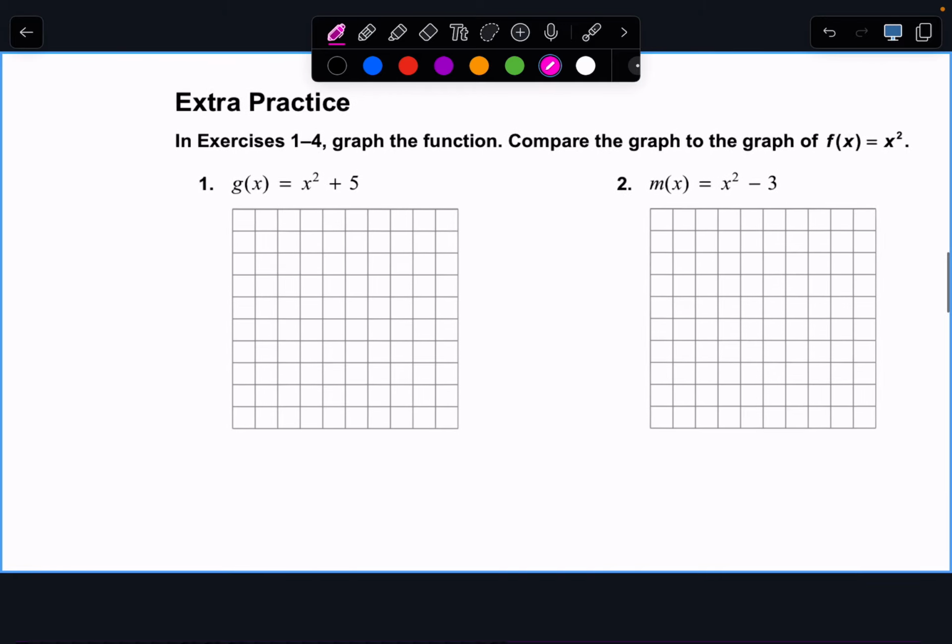So on the top of the next page, I want you to turn to your neighbor and tell them what is happening to the parent function y equals x squared.